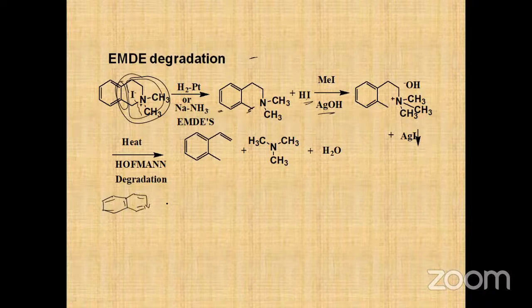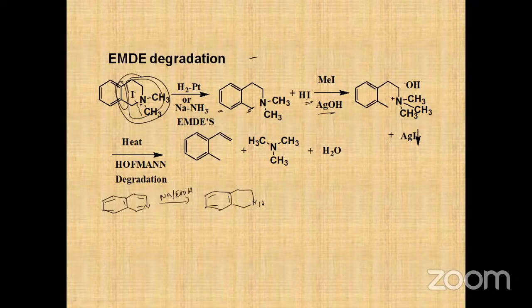Now this isoquinoline is treated with sodium metal in ethanol, the Birch-type reduction. That leads to the formation of a fully saturated nitrogen heterocycle from the isoquinoline.